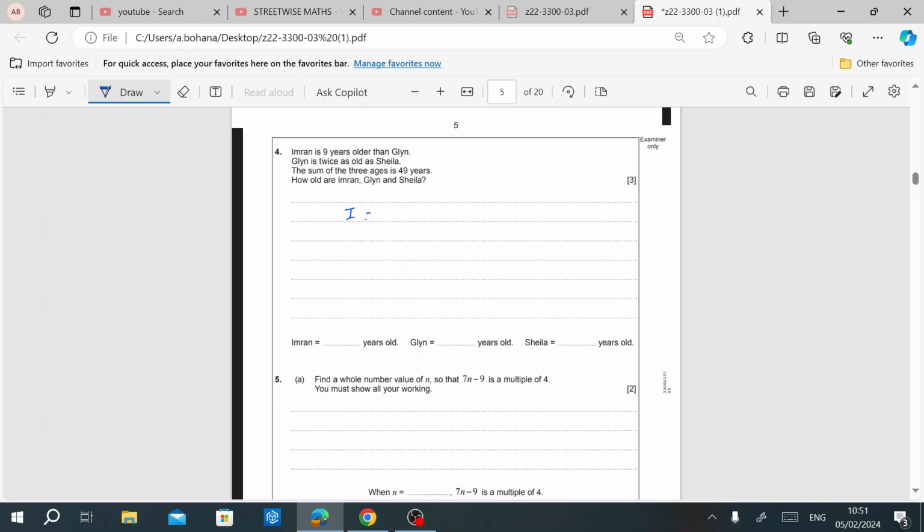So Imran is Glyn plus 9. Glyn is twice as old as Sheila. So Glyn is equal to 2S. And the sum of the 3 is 49. So Imran plus Glyn plus Sheila equals 49, sorry, not 39.